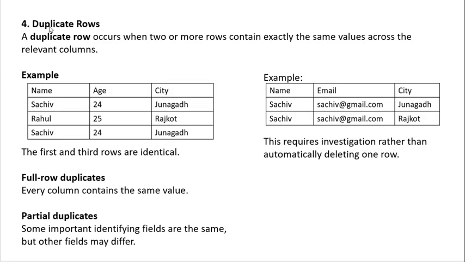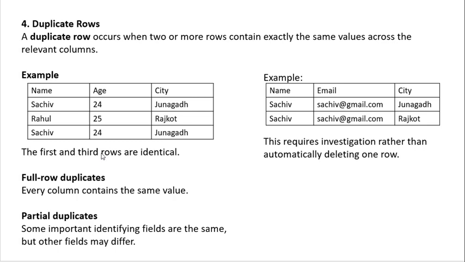And fourth is duplicate rows. Duplicate rows occur when two or more rows contain exactly the same values across the relevant columns. One example is names, age and cities, and such data is printed two times with all the values the same inside the rows.